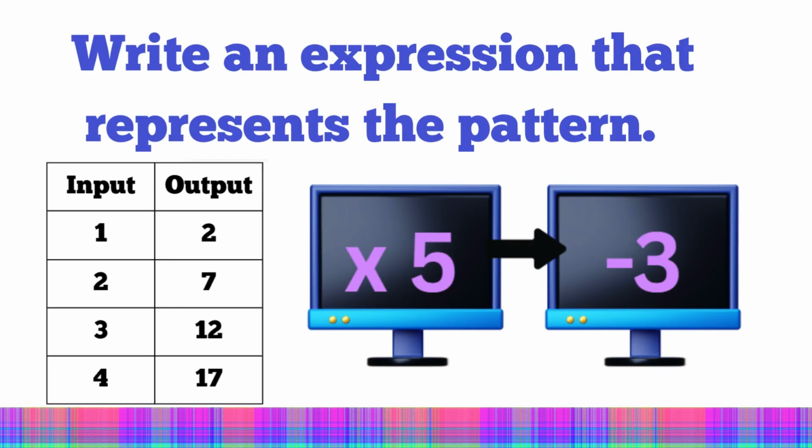All right, moving on. From here, I would like you to write an expression that represents the pattern from that previous question, using the pattern rule that relates the input to output and the input-output table if you need it. Write an expression now.